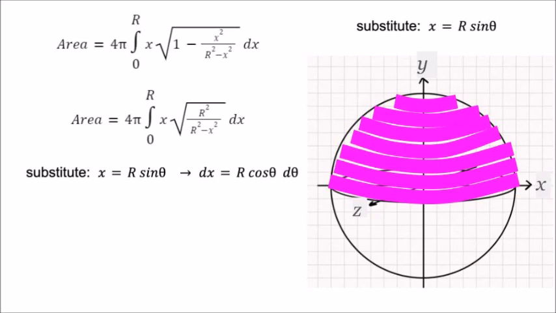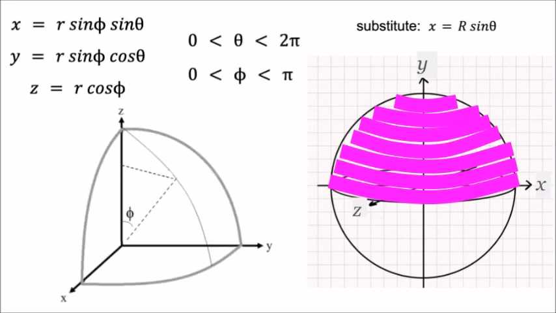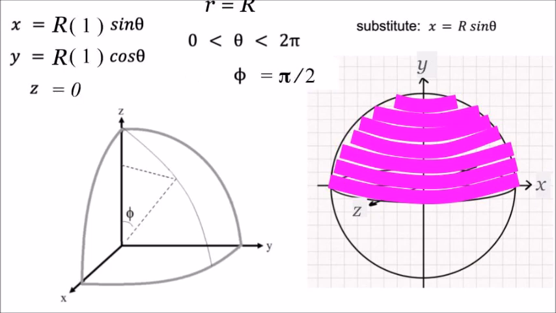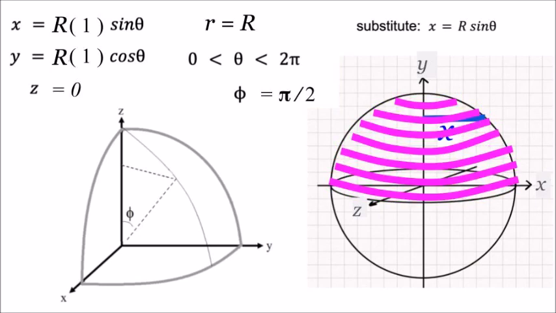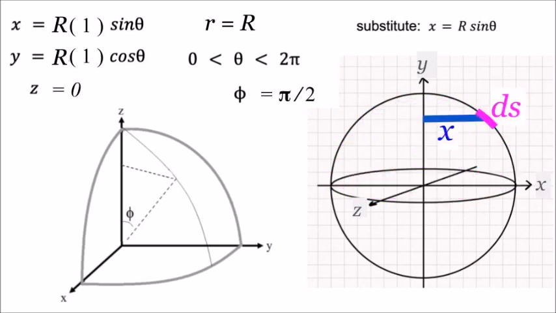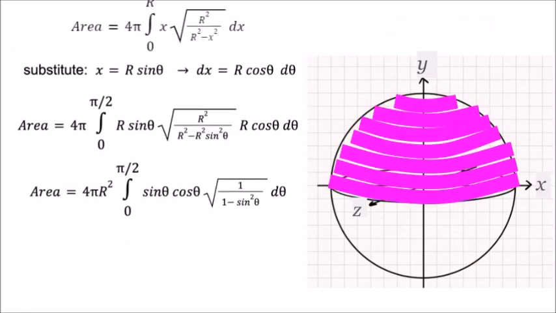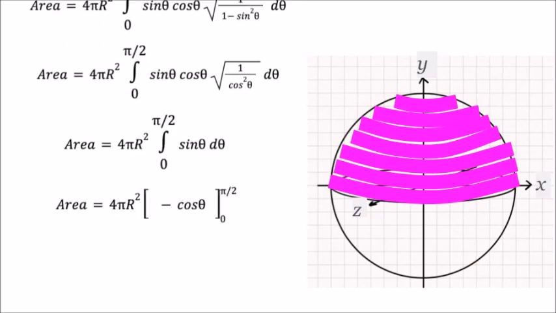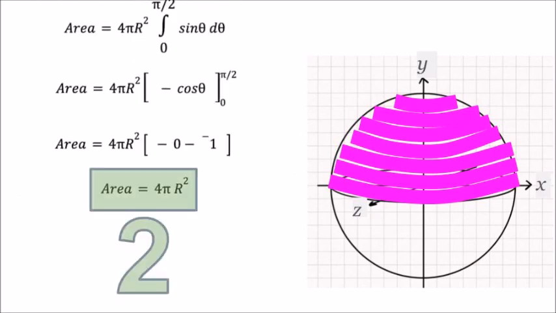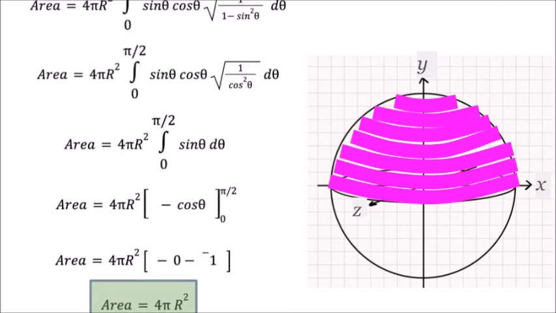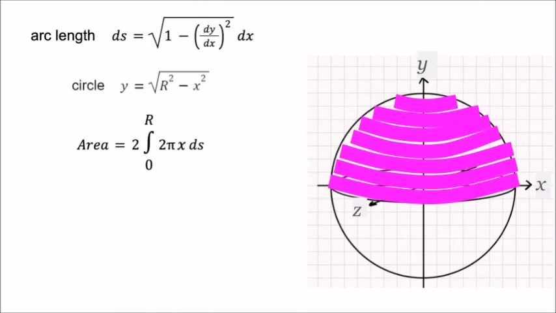What happened to those fancy spherical coordinates? Aren't we on a sphere? We are, but we are also on the xy plane. That's where z is 0. That's where we defined x and ds and even dy dx. So we're good. And eventually, we are ready to rewind all the way back to this step here.